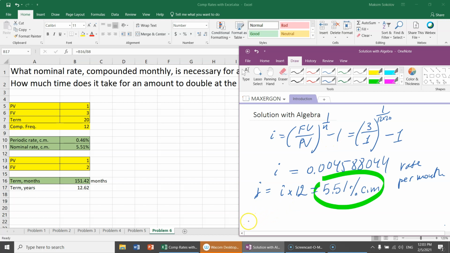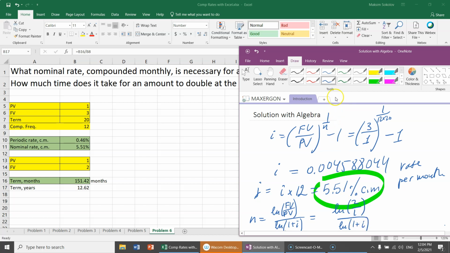Now, for the second part of the problem, we'll need to find n. And n is found using logarithm: logarithm of future value divided by present value, divided by logarithm of 1 plus i. This gives us logarithm of 2 over 1, divided by logarithm of 1 plus i.